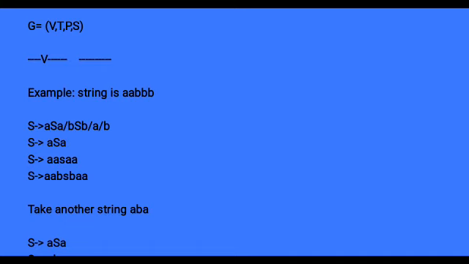I am proceeding with one, that is S tends to ASA. I have to substitute that S with ASA, because here S tends to ASA is there. That's why I substituted here AASAA, and the input string is AABBB.